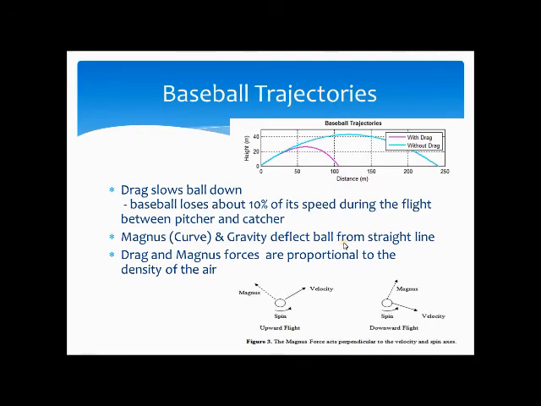The drag and Magnus forces are proportional to the density of air. The picture below shows how the Magnus force, the velocity and the spin affect the flight of the ball. A baseball thrown with backspin, like an overhand fastball, has an upward Magnus force opposing gravity, so a typical fastball does not drop as much as if it were solely under the influence of gravity.